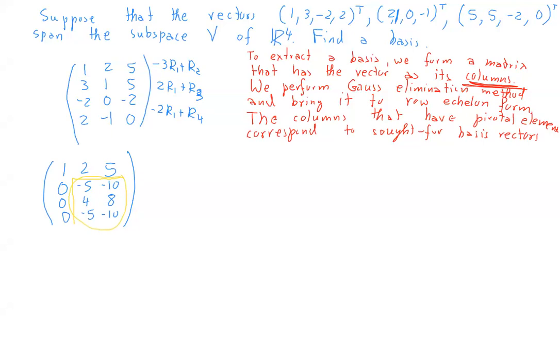How do I make it pivotal? -1/5 times row 2. Okay, so what do I get? I get 1, 2, 5, 0, 1, 2, 0, 4, 8, 0, -5, -10. Any questions so far, please?